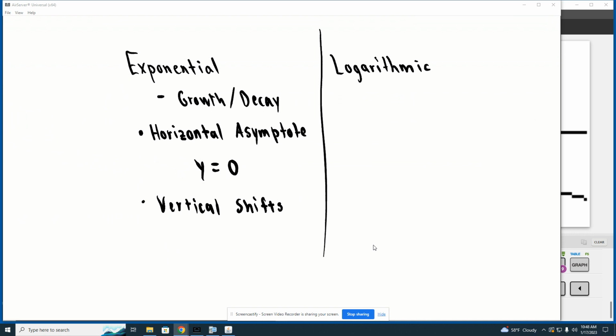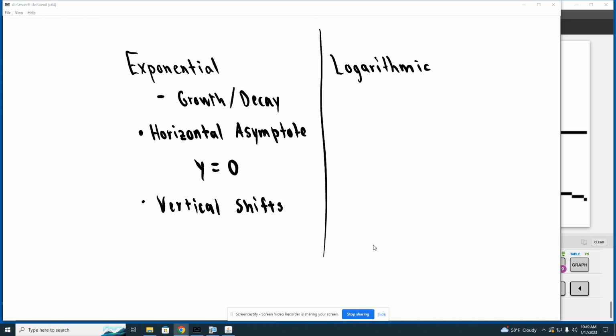The reason I want to show you this before we move into it is because before just jumping in and graphing these things, it's helpful, in my opinion, to understand that exponential functions and logarithmic functions have that inverse connection.